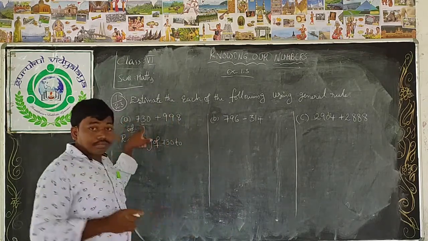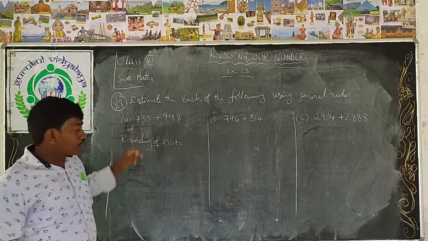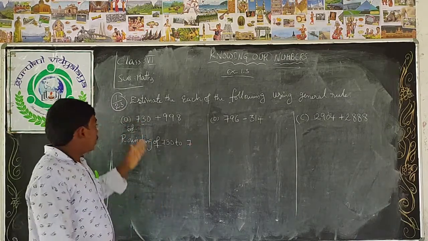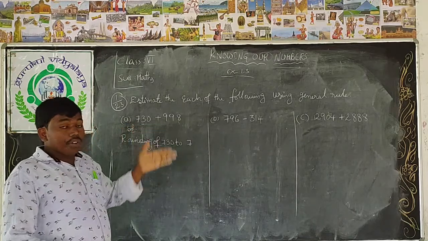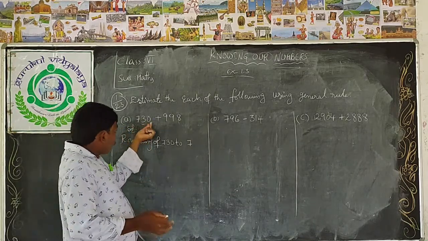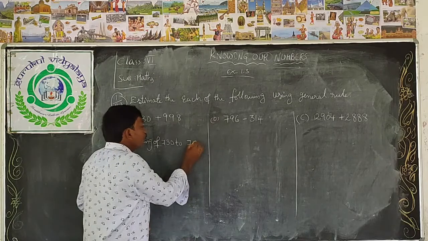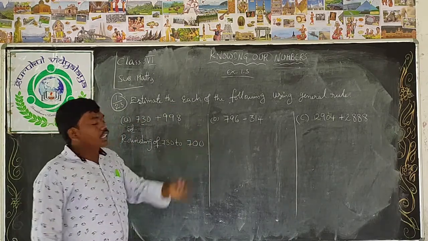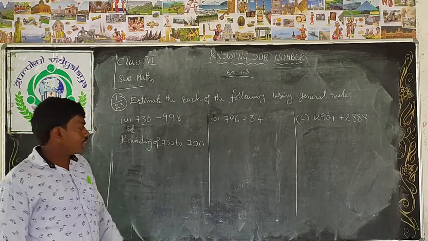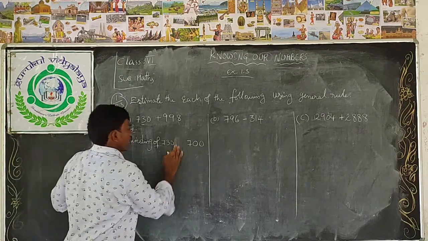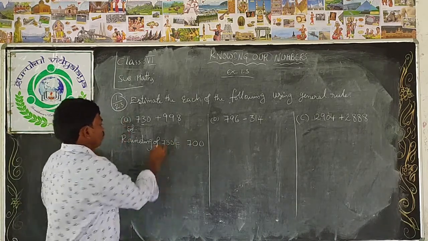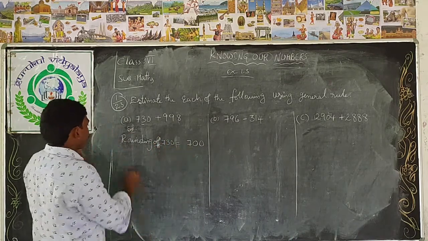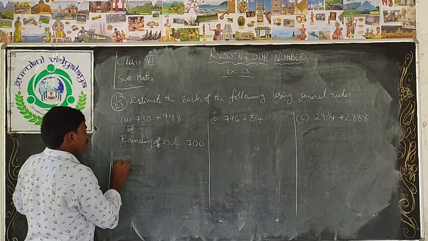So there is no need to change the hundreds place value, that is 7. So we round to hundreds now. The remaining tens place and unit place will be 0. Rounding off 730 gives 700. Are we right, children? 730 is 700.